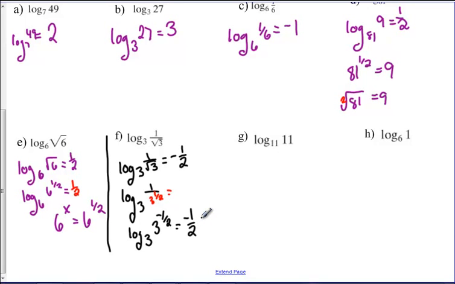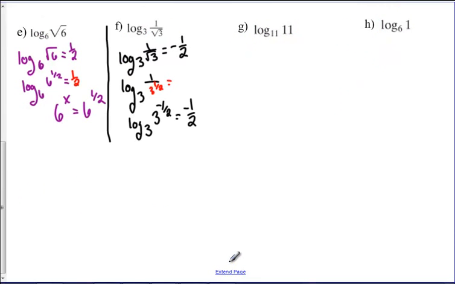So if we had log base 3 of the fourth root of 3, then we could rewrite that as log base 3 of 1 over 3 to the 1/4.